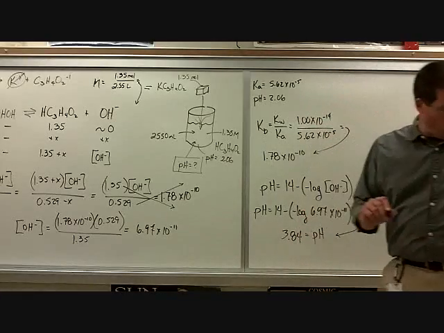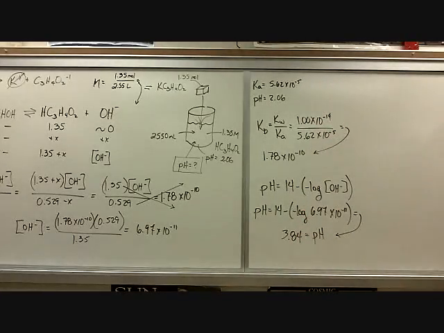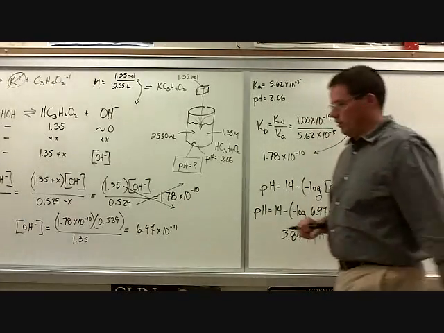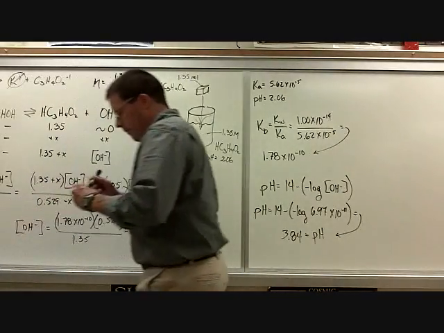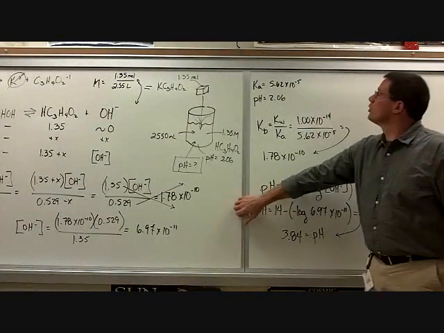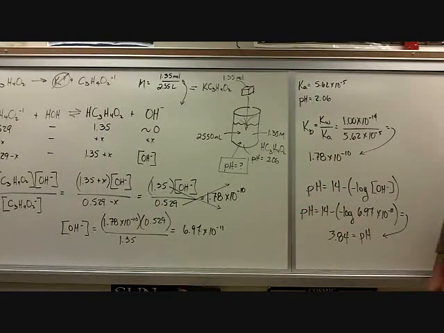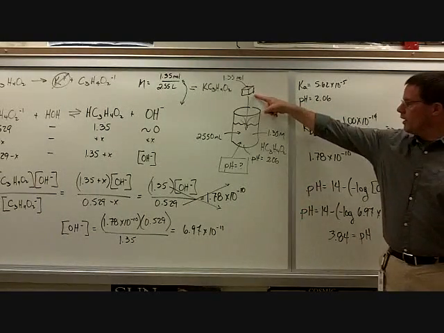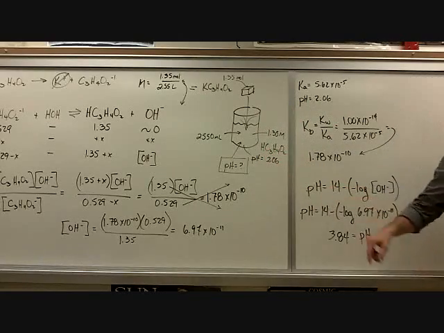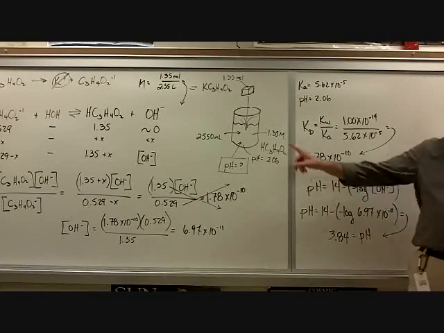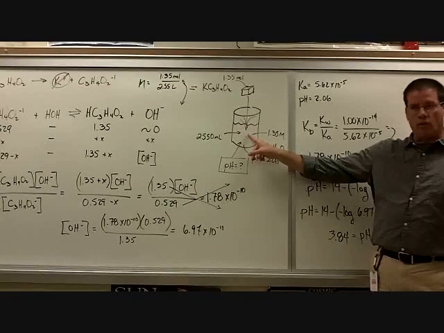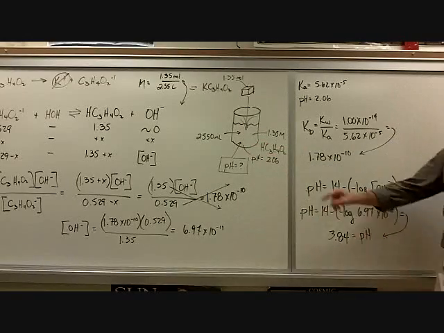All right, now here's what I want you to think about. Does this make sense? Because we always have to have some logic behind our answer, which is always good. Before I placed the salt in here, we had a pH of 2.06, right? And I placed the salt in this acidic solution, and how did this salt behave?